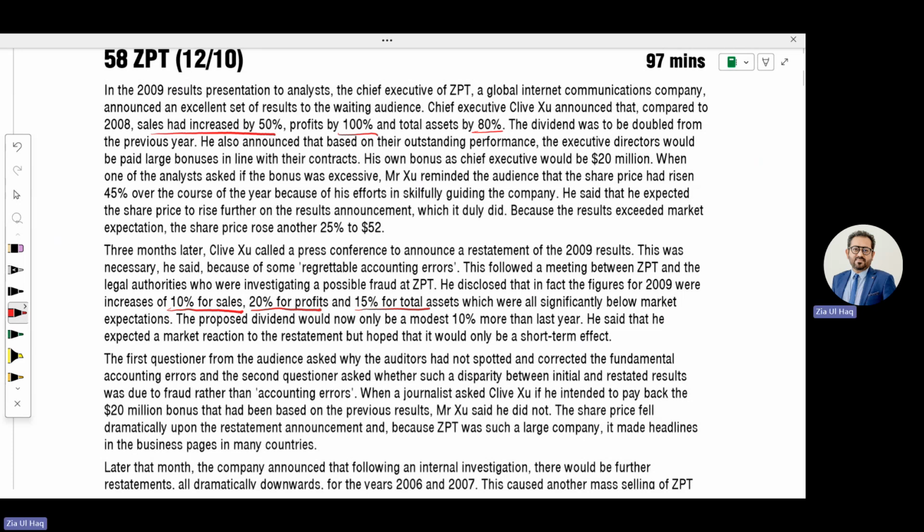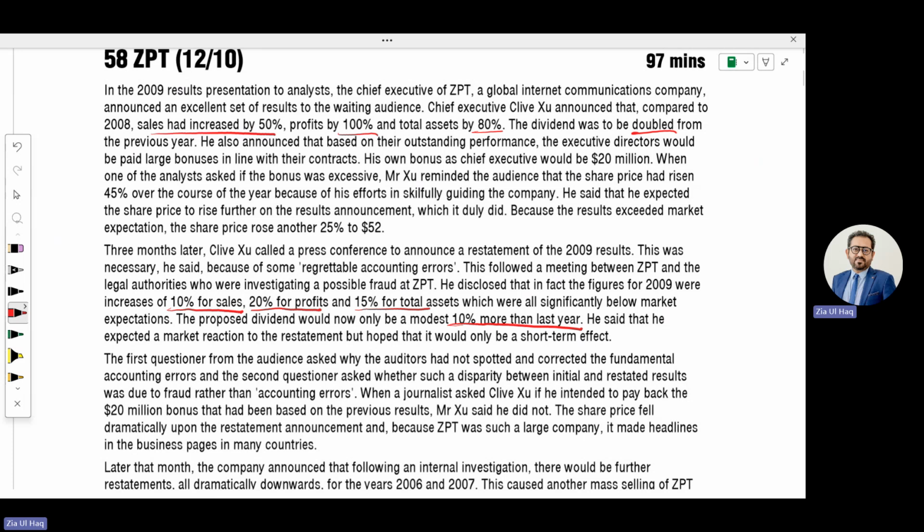This means everything has errors. Error could be in one of the account balances rather than in everything. For total assets, which were all significantly below market expectation, the proposed dividend would now only be 10% more than last year instead of doubled, meaning 100%.